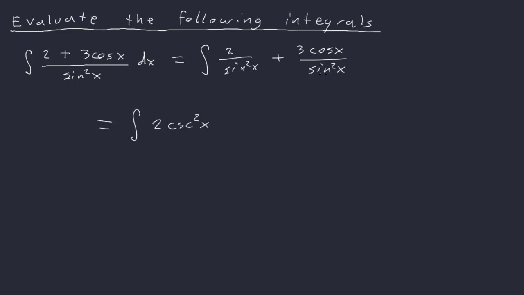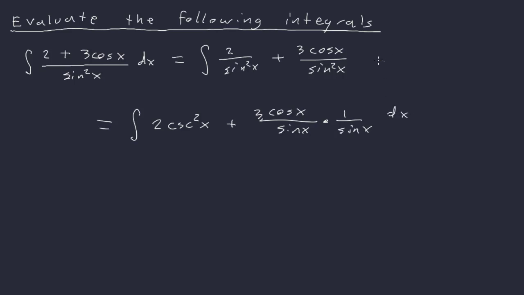I could say cosine times cosecant squared, but that's not really going to help us. What will help us instead is if we think of it this way. This is 3 cosine over 1 sine of x times 1 over another sine of x. There's nothing saying we can't split up that sine squared in this way with multiplication. And now this is cotangent and this is cosecant.